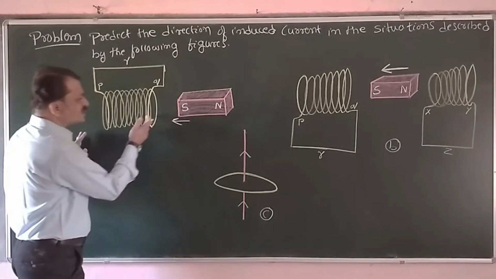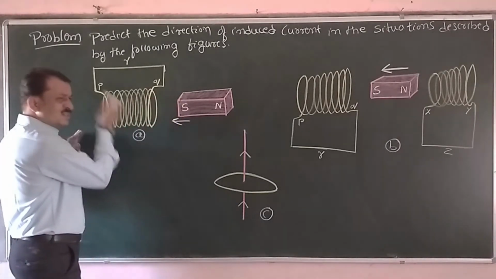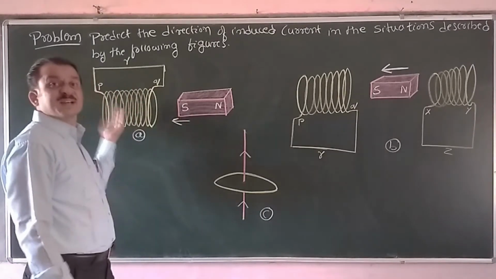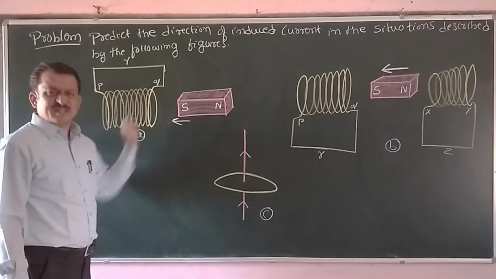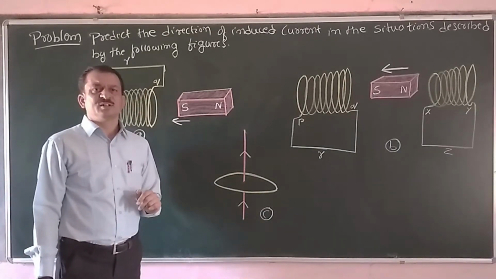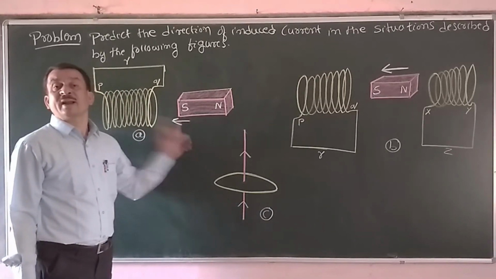As the south pole is entering, the magnetic field lines are increasing. The flux rate is increasing. Therefore, the induced current should be such that it has to decrease the flux rate. It has to oppose the motion of the bar magnet.